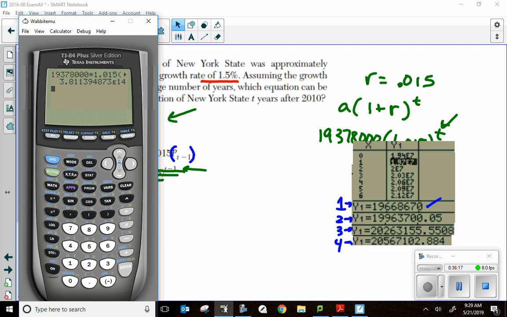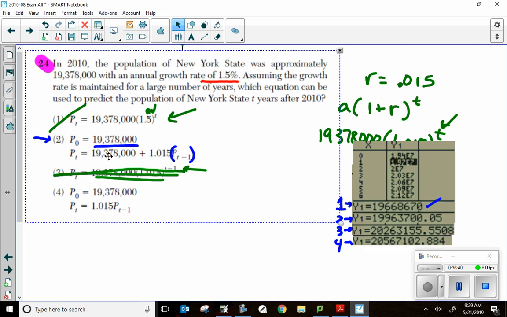I hit enter. That should be a plus, huh? I did times. Let's go back here and hit a plus, hit enter. Oh man, the second thing will be 39 million. That is not it at all.